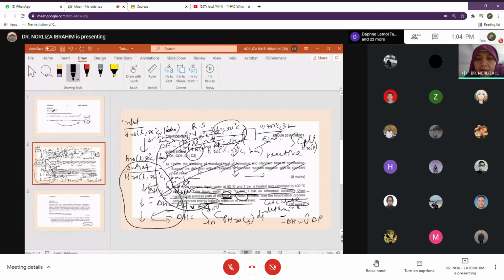Boleh jugalah kalau you nak add that one, tapi saya rasa untuk 10 marks tu I guess enough with the one yang kita discuss tu dah.